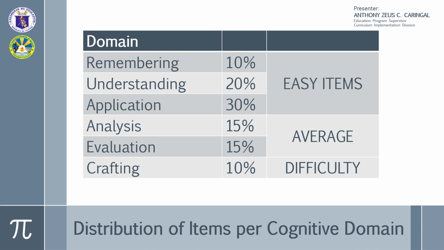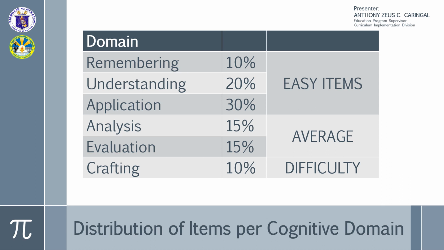And for creating, that is the difficult item. So that's 10%. You can follow that, but of course you can change it if you like. According to Sir Sayos, this is only applicable for math teachers.